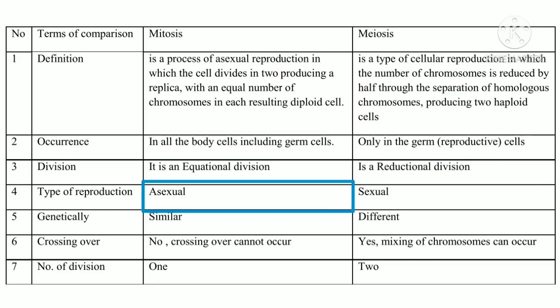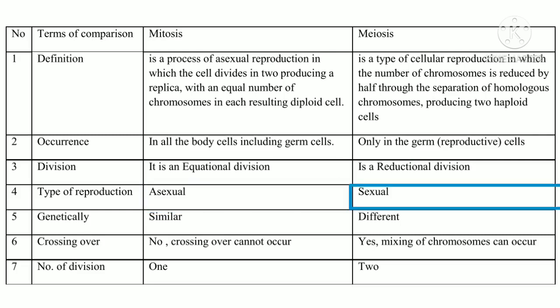Mitosis is a type of asexual reproduction, whereas meiosis is a type of sexual reproduction. Mitosis genetically produces similar daughter cells, whereas meiosis genetically produces different daughter cells. There is no crossing over during mitosis, but mixing of chromosomes can occur during meiosis.